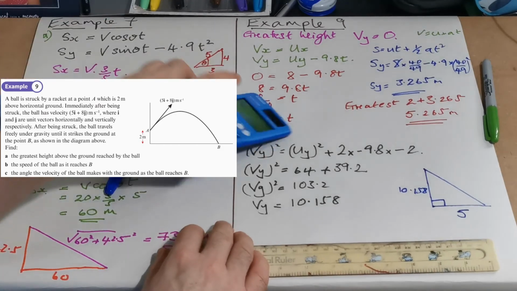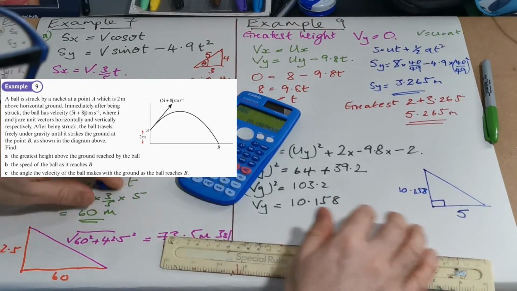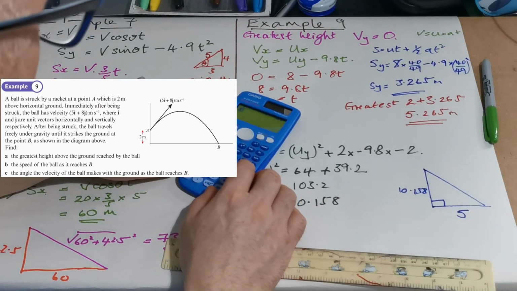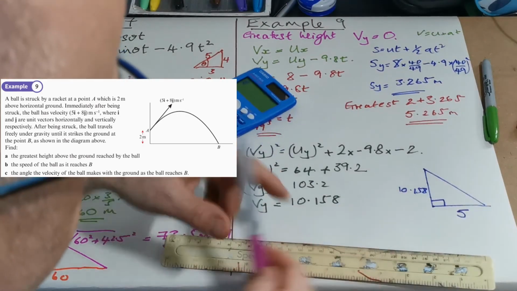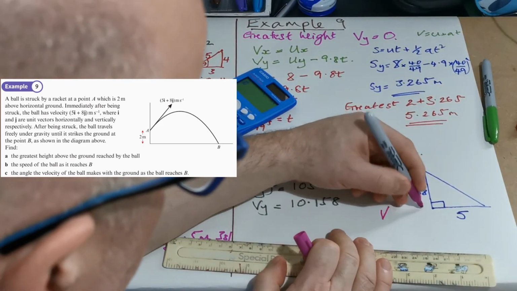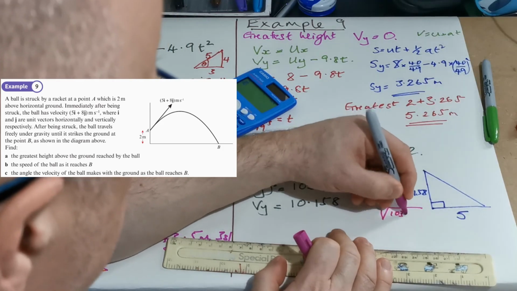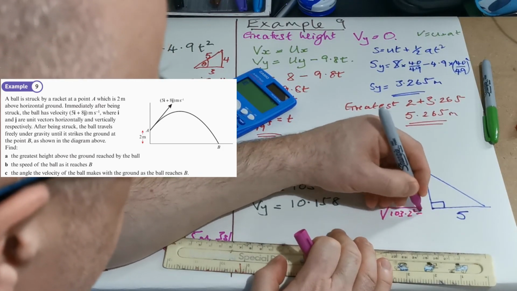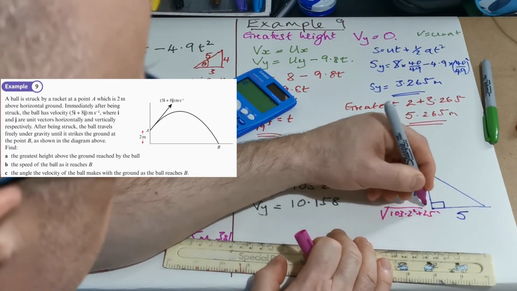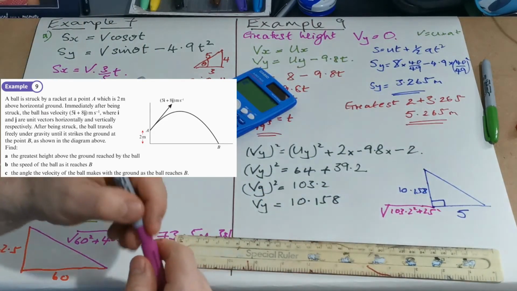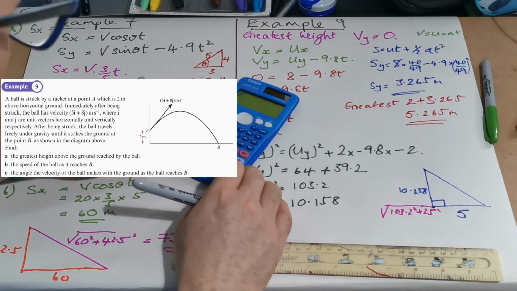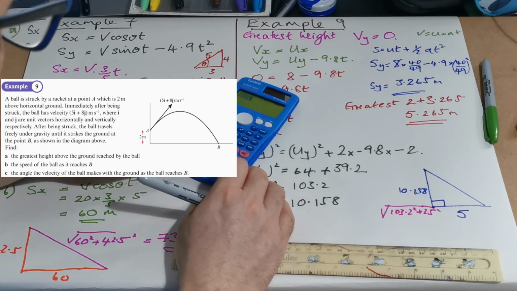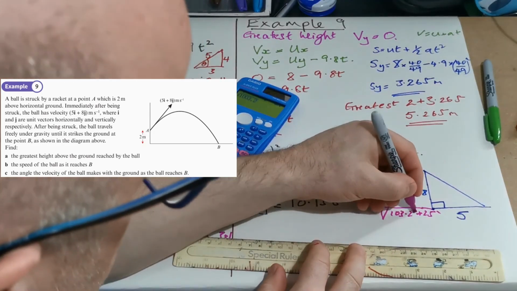Working out using Pythagoras, this squared plus that squared, so I'm going to do the square root of 103.2 plus 25.